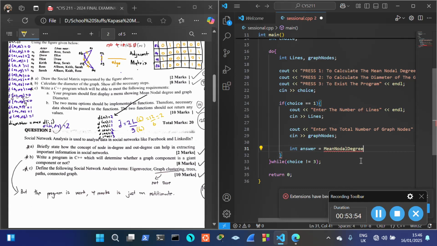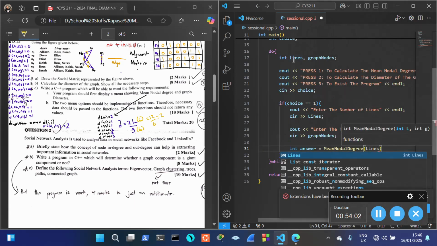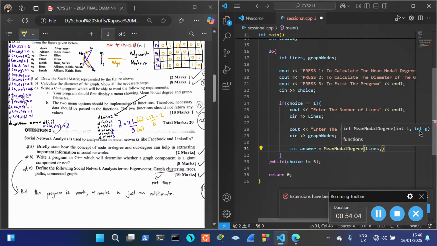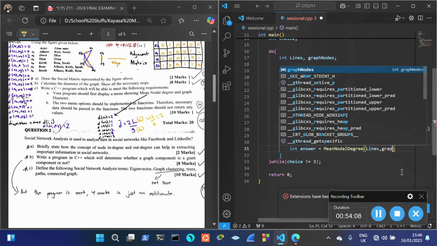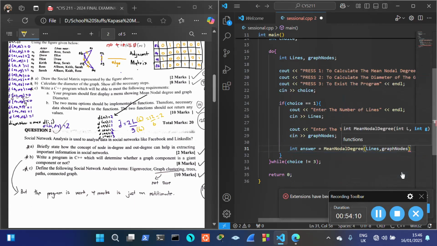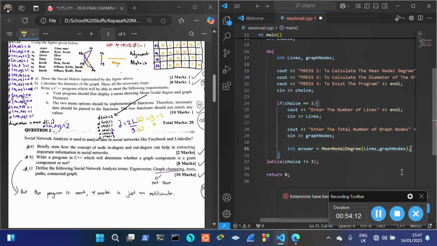If I put a square bracket, you see it says int l, where l are lines. So there I'm going to say lines, then comma, we have g, which is graph nodes. So I'm going to say graph nodes. This particular formula will enable these two values to be passed in this function and give us a certain output.